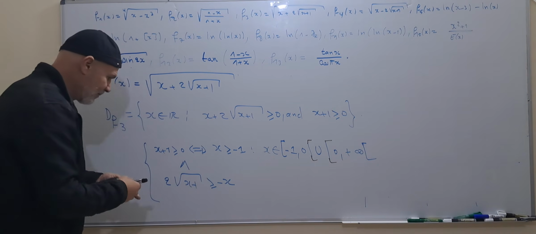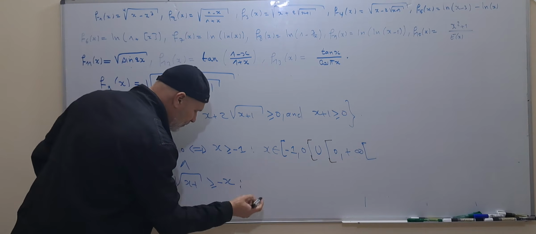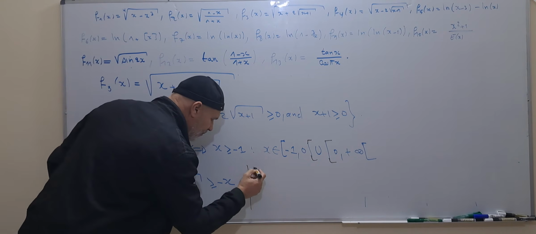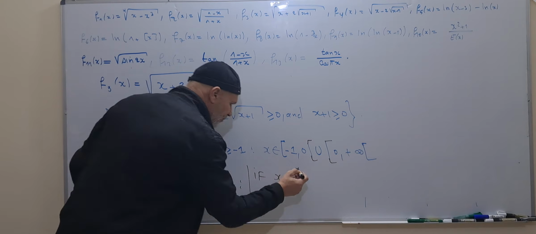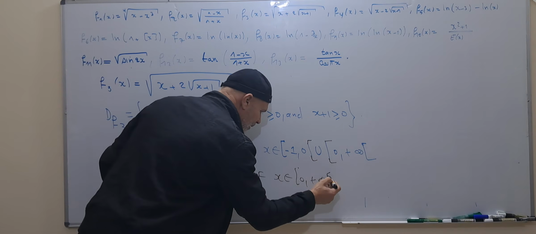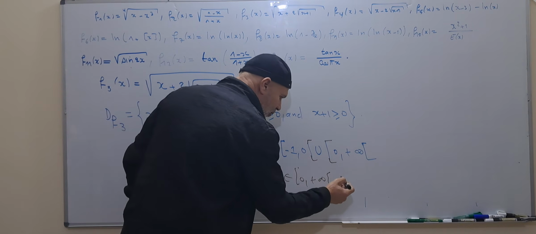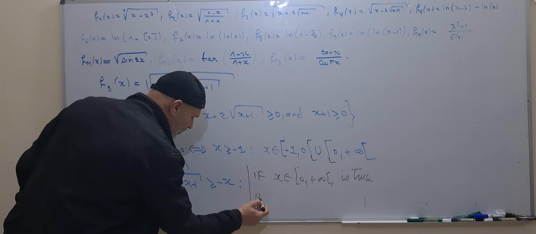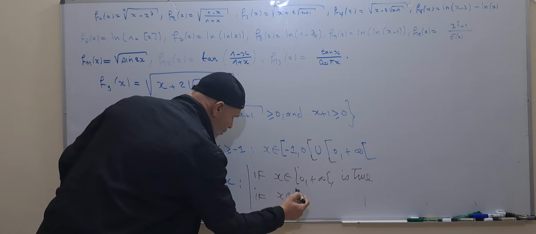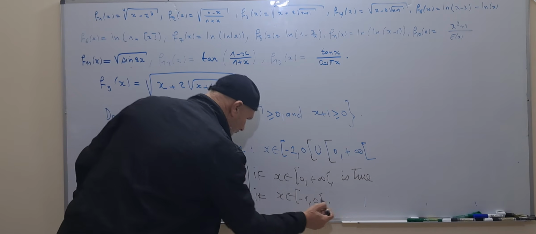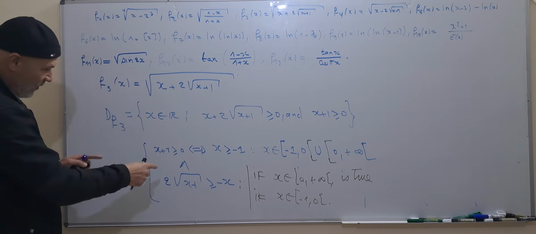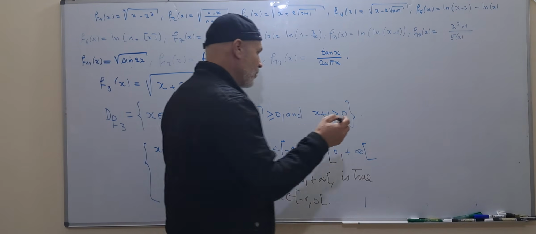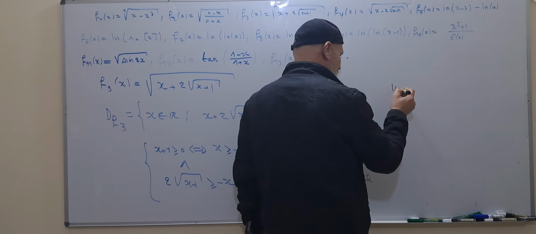What we can say here, if x belongs to 0 plus infinity, the inequality is true. And if x belongs to minus 1, 0, we have to discuss. So we take off the square root from both sides of the inequality.